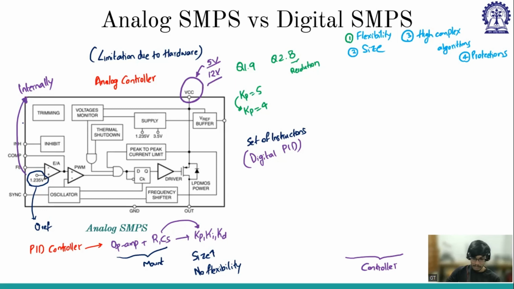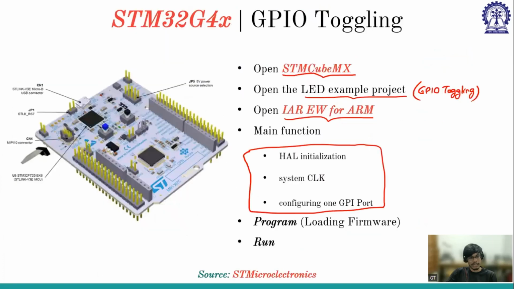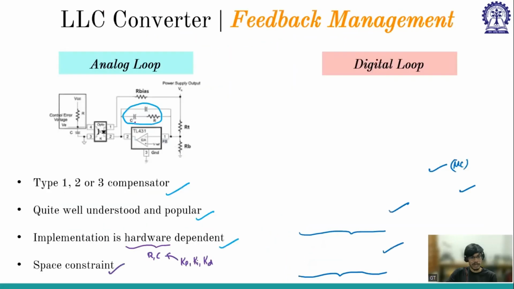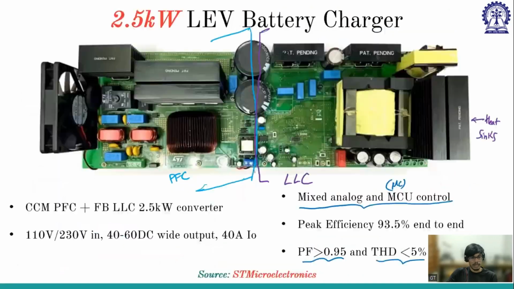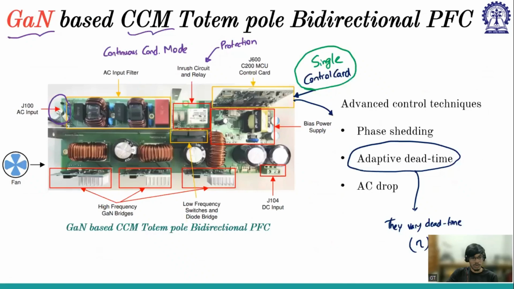There might be a provision for us to change it by externally connecting a resistor, but again you have to mount and change the resistors accordingly, which is a bit tedious job. But that is actually done inside. If you want to do it by yourself, then this is one way where you can use LDOs, and you have to connect a resistor divider to bring that voltage down to whatever voltage you need.